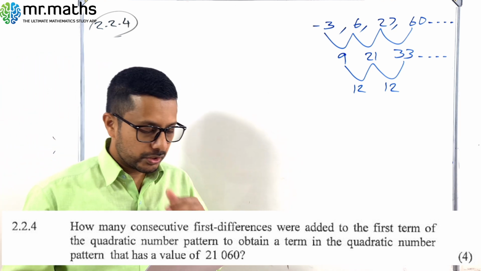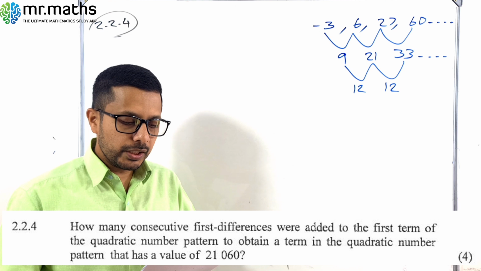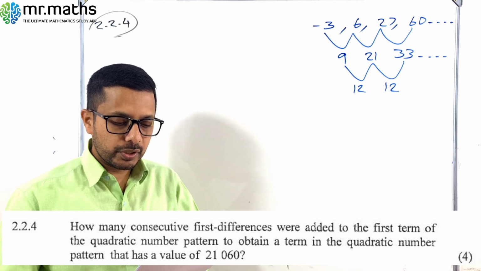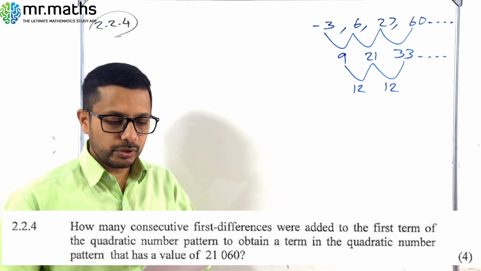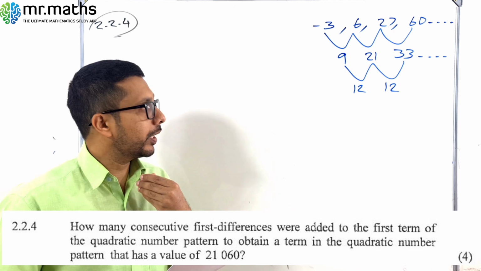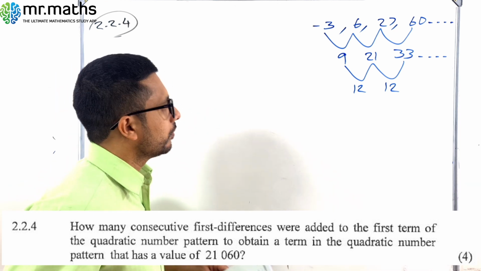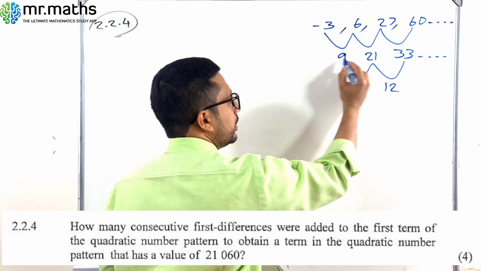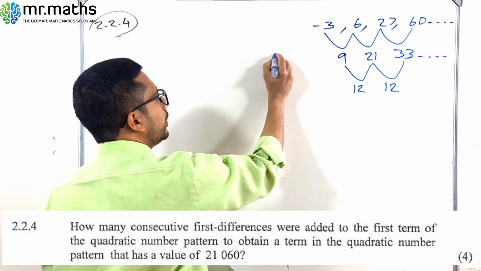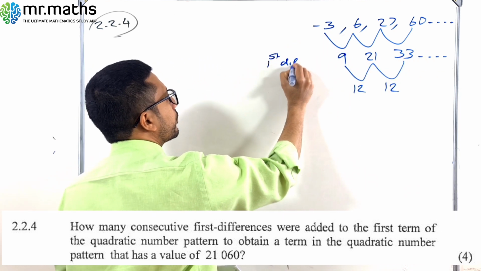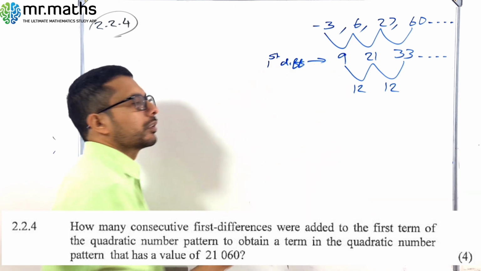Look at that question. And how many consecutive first differences were added to the first term of the quadratic number pattern? So here, which one is the first difference? This is the first difference. Am I right? These ones are the first differences.